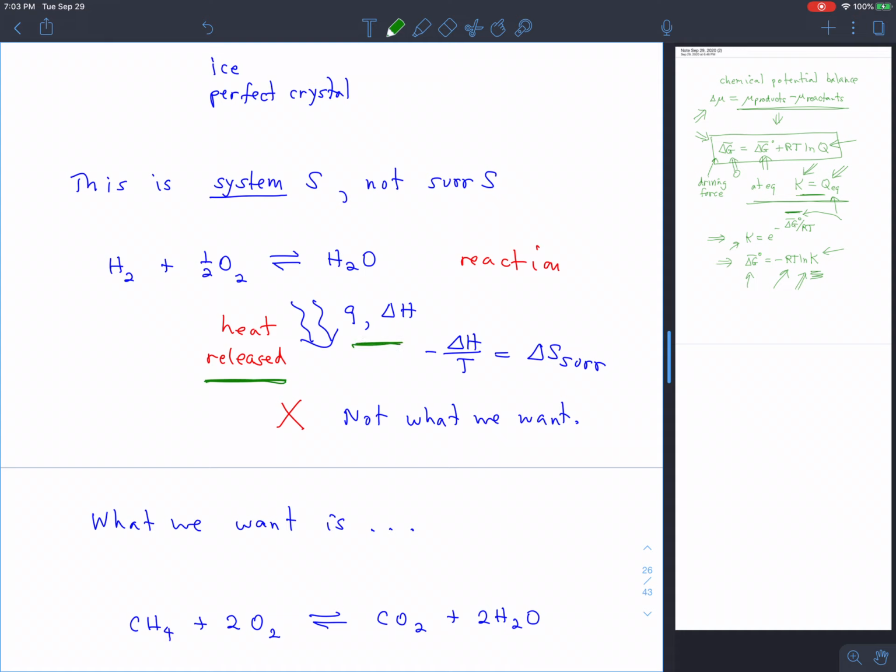But that heat isn't the entropy change of the molecules themselves. That's the entropy change for the surroundings. In other words, the quantity that you would measure for the entropy change of a chemical reaction in the normal process of doing things isn't the right entropy. We want the entropy change of the molecules themselves, not the entropy change in the surroundings caused by the release of heat to the surroundings or absorbing heat from the surroundings.